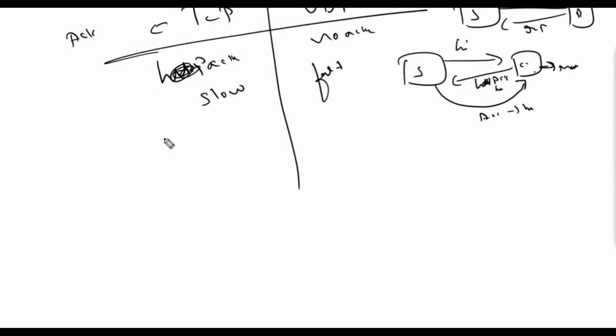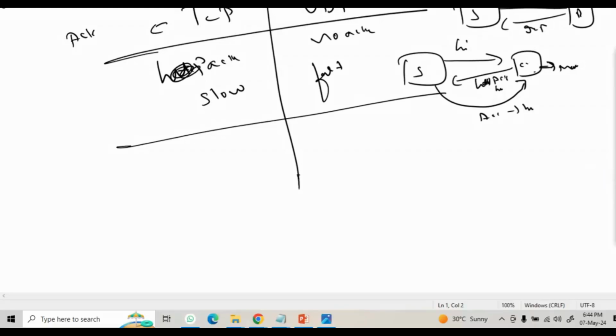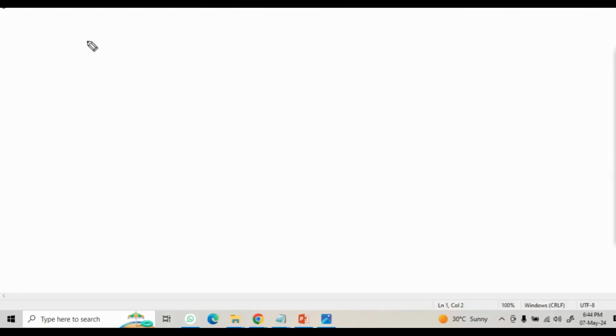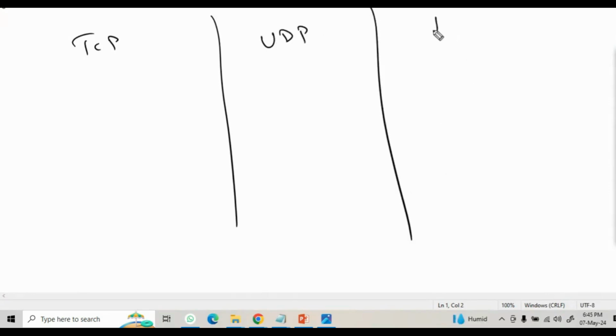So here we have different types of ports available, for TCP, UDP, and we have ICMP. ICMP is the message. Whenever you send a packet, it is going to send an acknowledgement, and I'll show you.